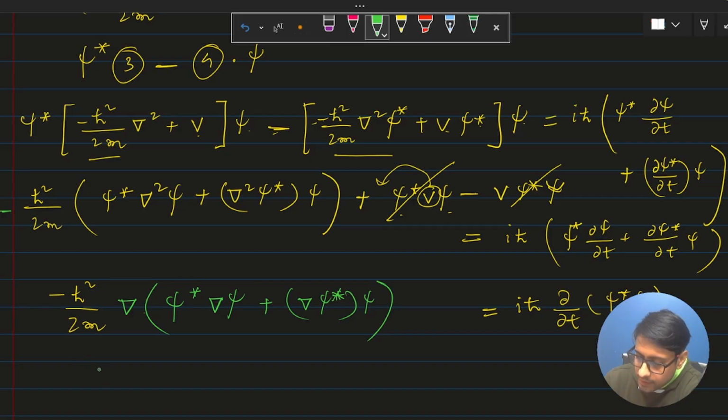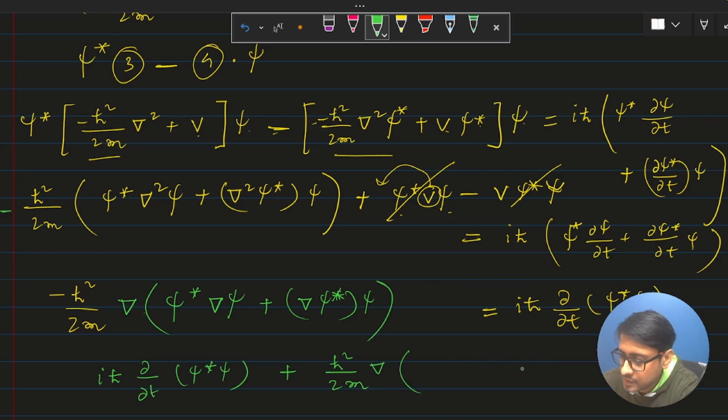So I can write it as i h bar del over del t of psi conjugate psi plus h bar square over 2m, del of psi asterisk del psi plus del psi asterisk into psi.